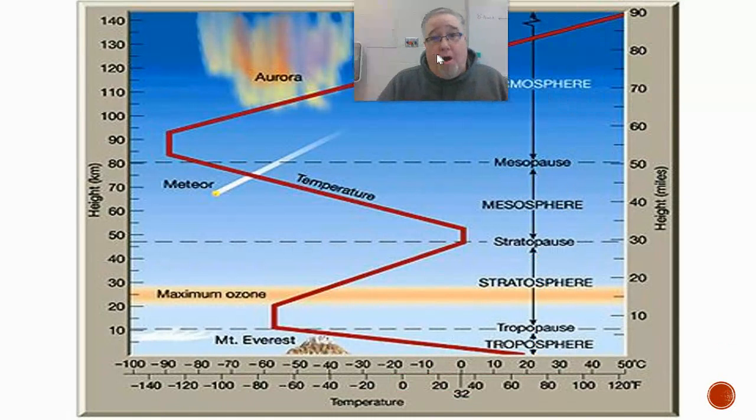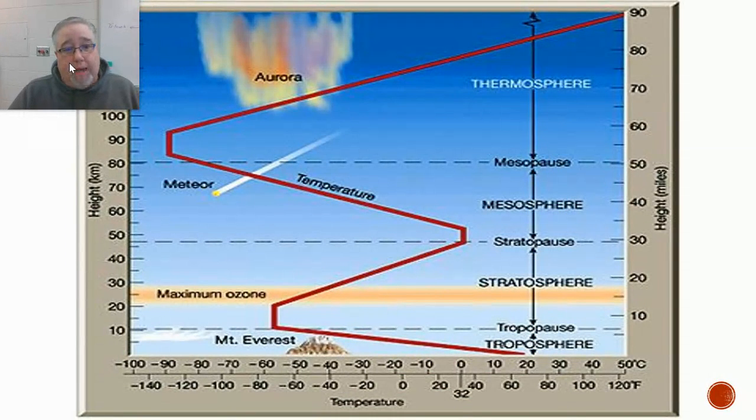All right, so here are our different layers of the atmosphere. We'll start down here. This represents the surface of the Earth. We have our troposphere, and then the stratosphere, the mesosphere, the thermosphere. There's actually one more layer called the exosphere. It's above the thermosphere. That's basically just outer space.